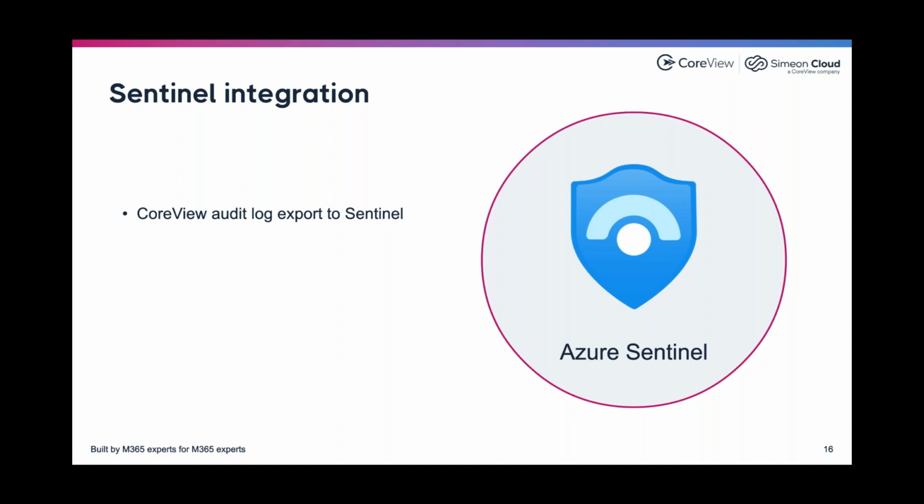What we will provide is the ability for you to have an Azure Event Hub in your Azure instance, where we will publish the CoreView audit logs out to the Event Hub. And then from the Event Hub, you can populate them into any number of different targets, Sentinel being the most common thing that we've heard requested.